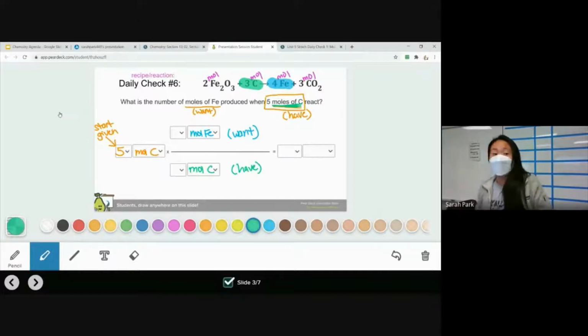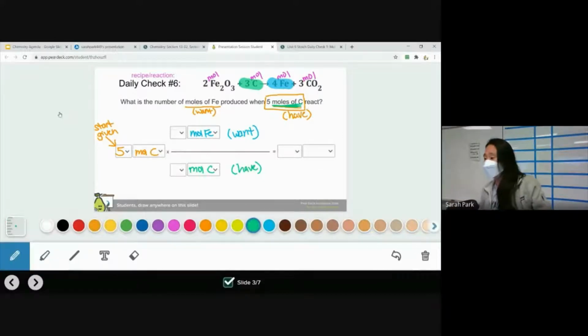What does the recipe, the reaction, tell us is the relationship between iron and carbon? The relationship between iron and carbon is 3 and 4. Make sure you put the right number with the right substance, right? So 4 goes on top, 3 goes on bottom.